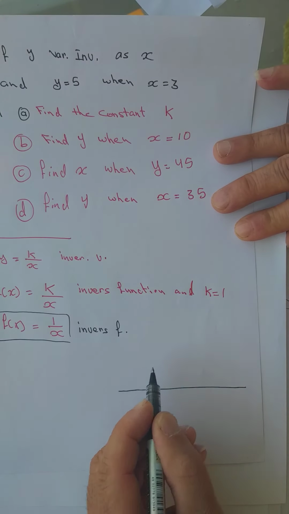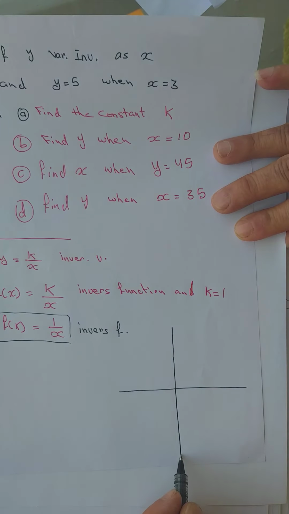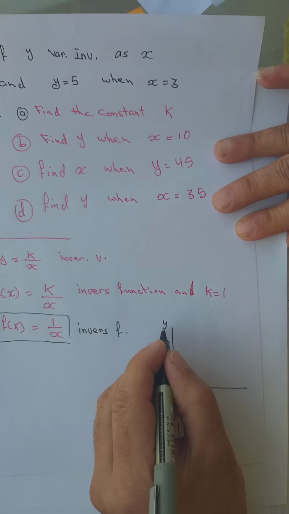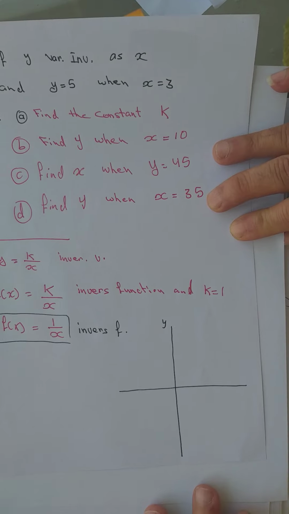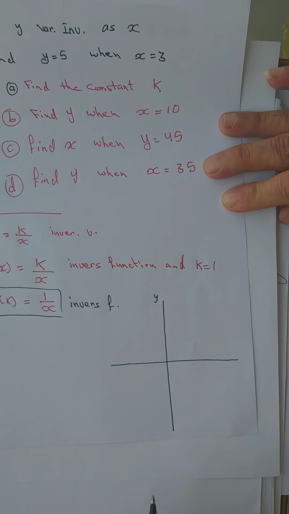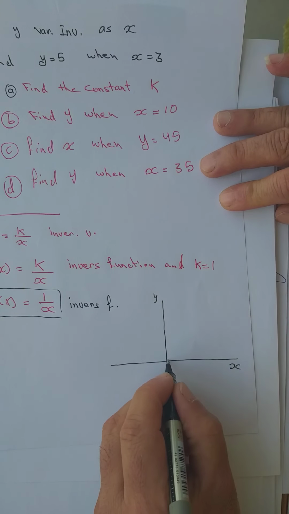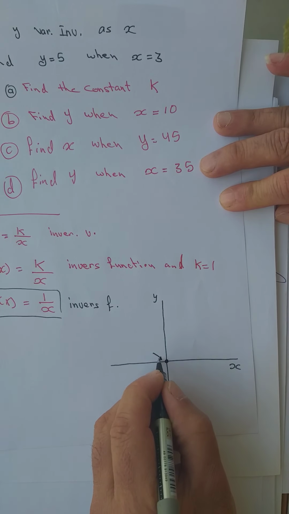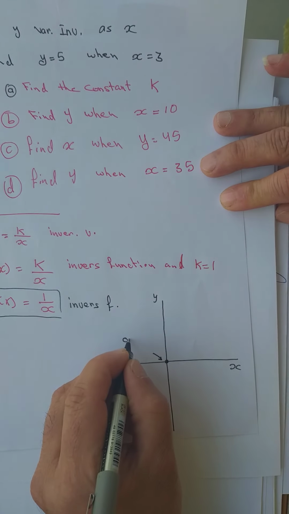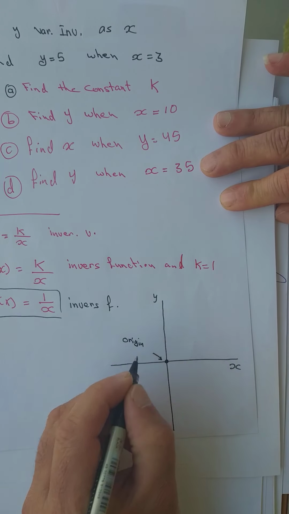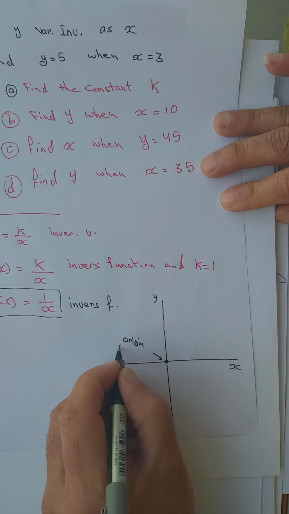Okay, the graph of inverse function. Let me graph the inverse function. This is the y-axis, the vertical, and the horizontal is the x-axis. And this point is the origin, zero, zero.